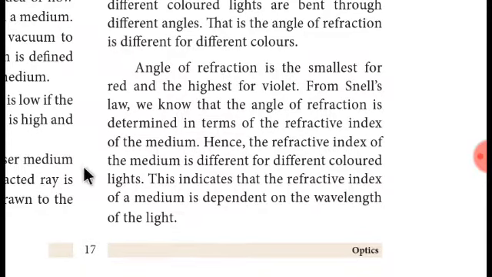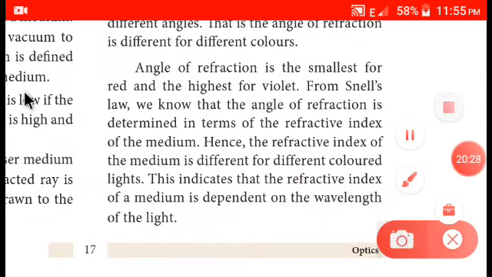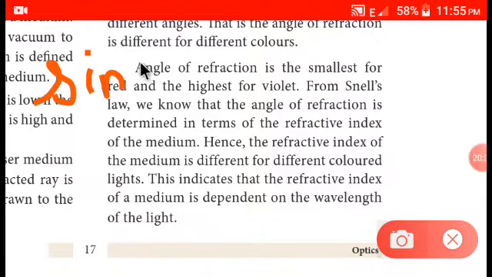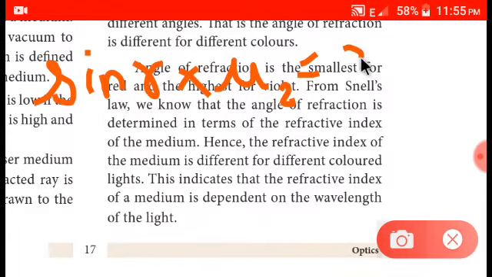Hence, the refractive index of the medium is different for different colors of light. Sin r into mu 2 is equal to some value, take it as x.